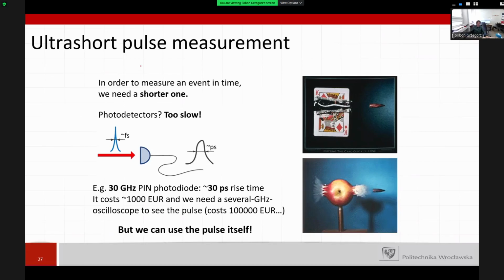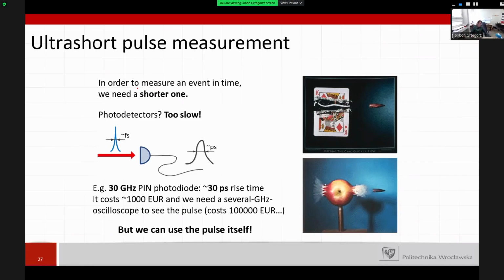So you can think about how to actually measure the pulse duration of such a short pulse. So the general rule of making any kind of measurement is that if we want to measure something, we need to have a measurement device which is more accurate than the value that we want to measure.